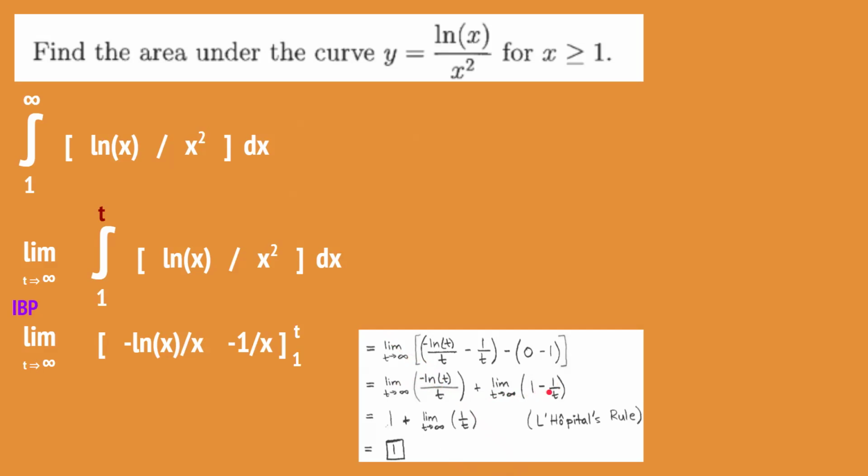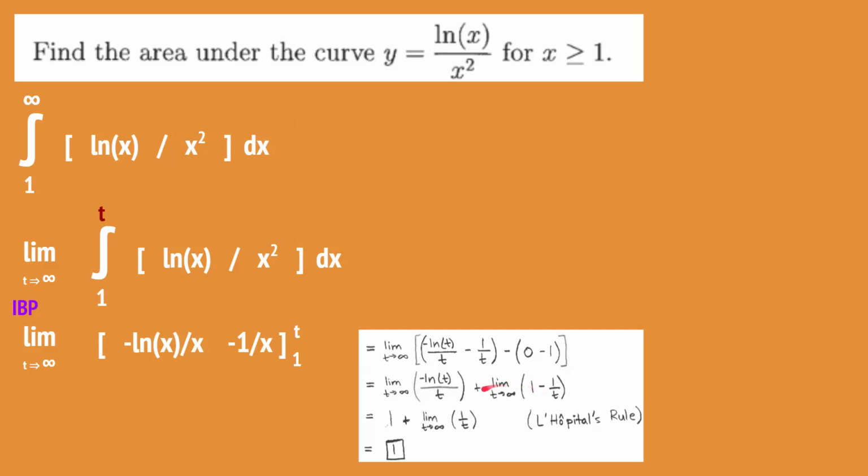Or sorry, 1 minus 1 over infinity. 1 over infinity, 0. And by the way, that's not like 1 divided by infinity, you're always going to get 0, and I'll explain in a second why, but you don't really need to know that right now.